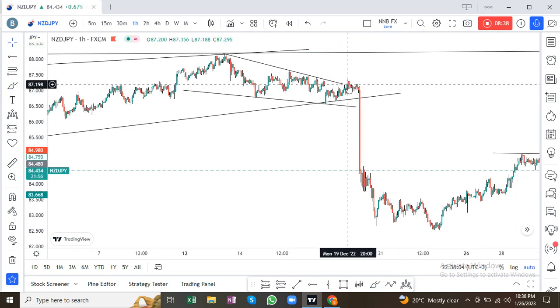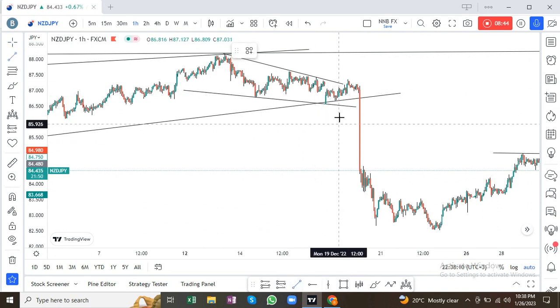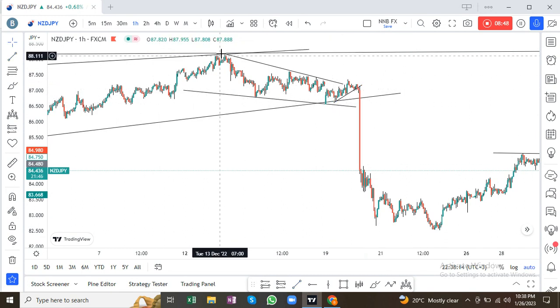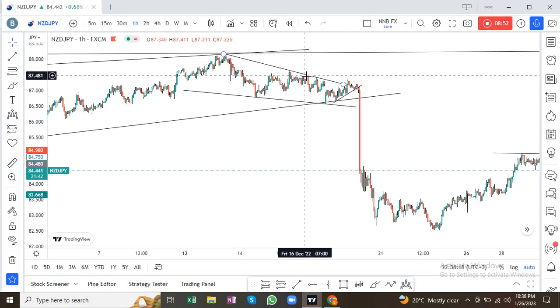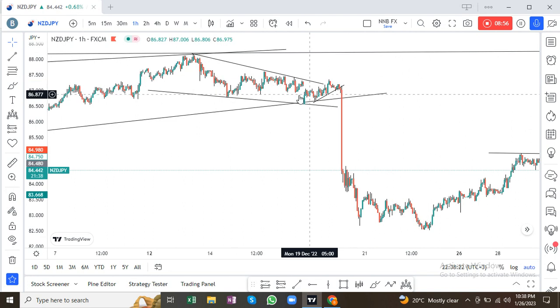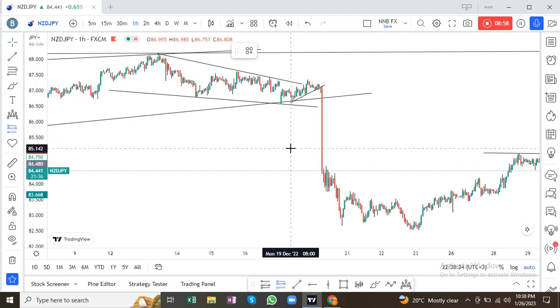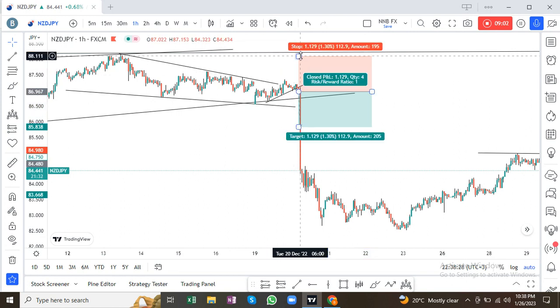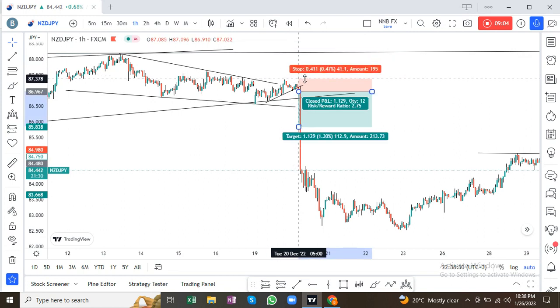But on the last bit, which I've said is normally the bit that we concentrate on, it was forming a correction going to the trend line. See, the trend line was touched first touch, second touch. On the third touch, it moved to that trend line correctively, which you could have entered on the break of the trend line and put your stop loss just above the structure, maybe 45 pips to be on the safe side.